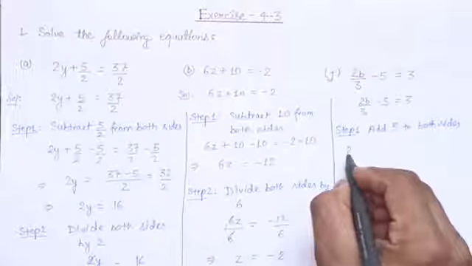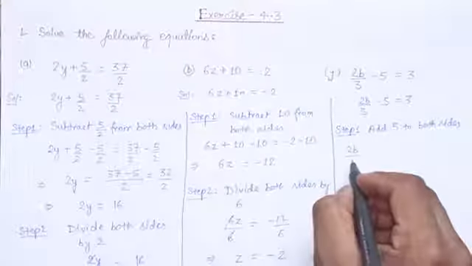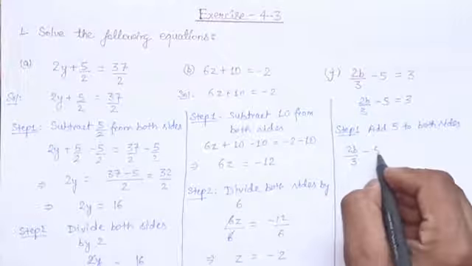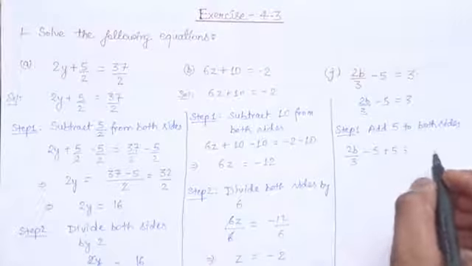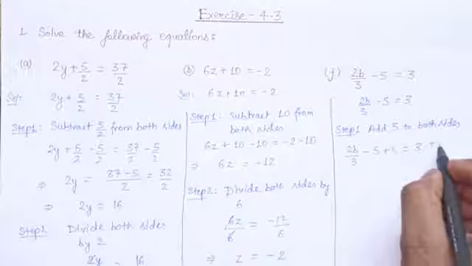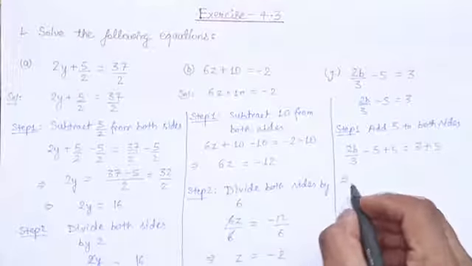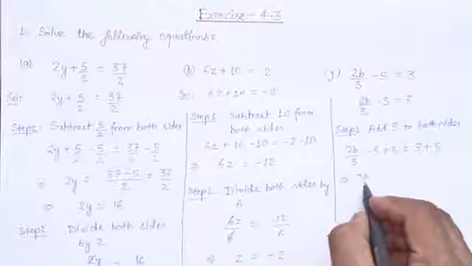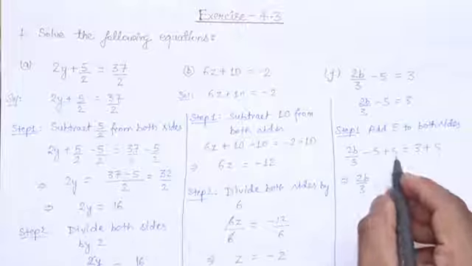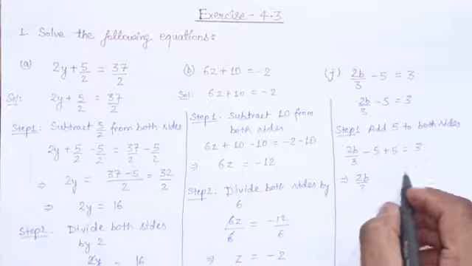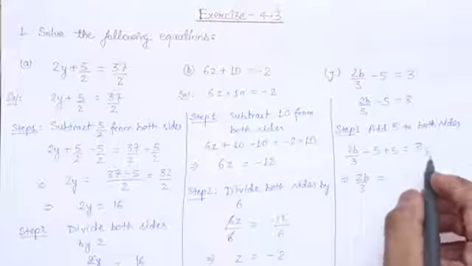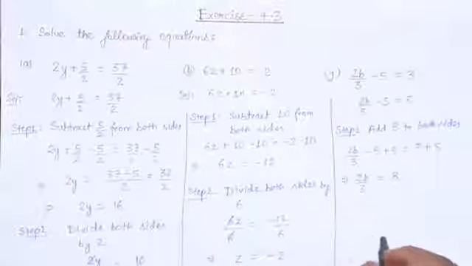So what we can write, 2b by 3 minus 5 plus 5 equals to 3 plus 5, which implies that 2b by 3, and here minus 5 and plus 5 cancel out, and on the right hand side we have 3 plus 5 equals to 8.